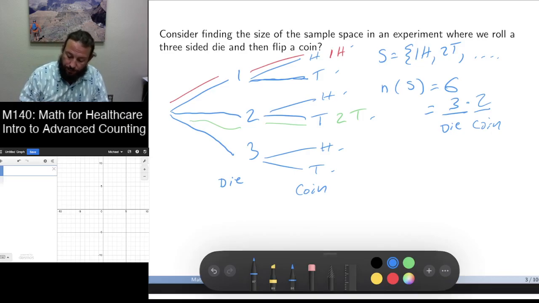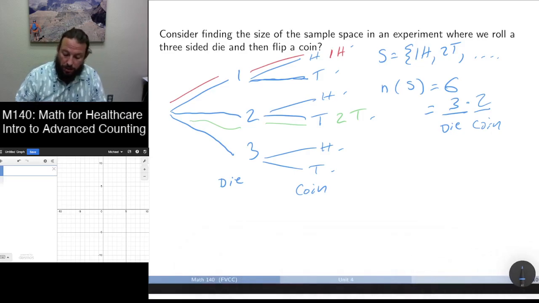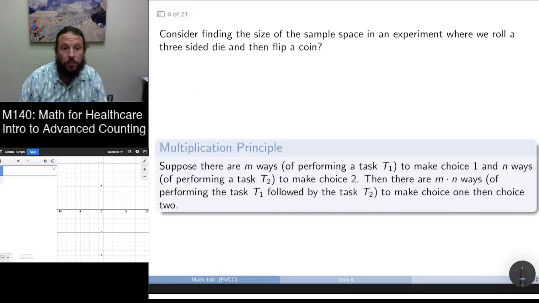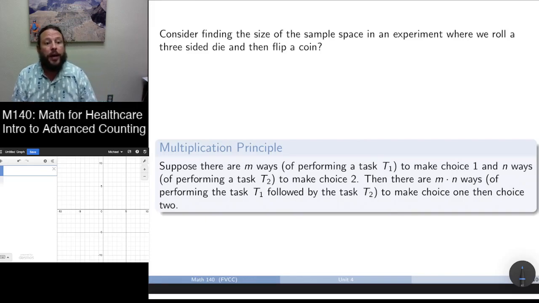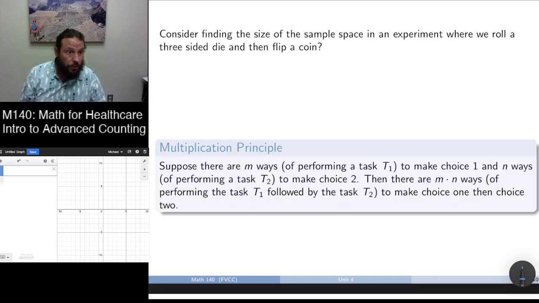And this is the basic multiplication principle. Suppose there are m ways, before there was 3, but now it's in general, of performing task 1 or making choice 1, and n ways of performing task 2 or making choice 2.